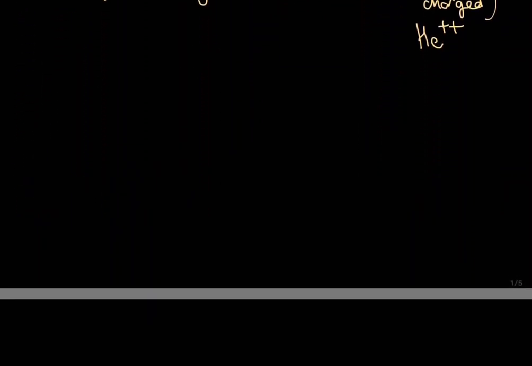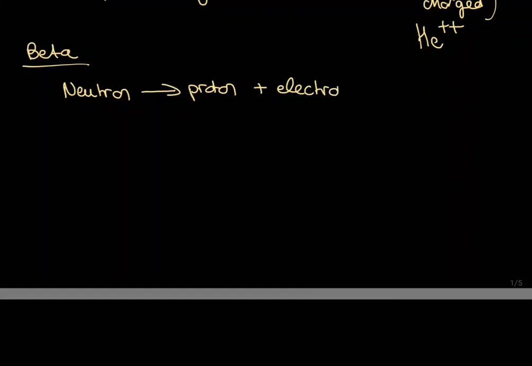Now, the beta is our second type. And beta radiation comes from when a neutron in the nucleus converts into a proton and an electron. Okay, so when the electron is emitted from the atom, it has a negligible mass.